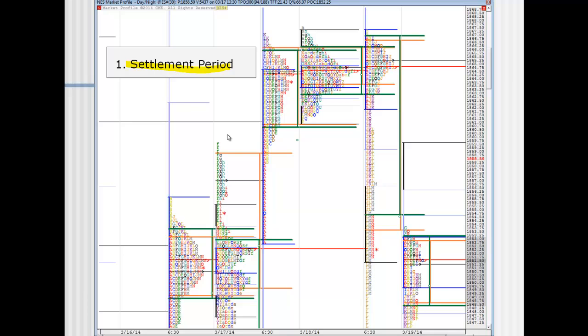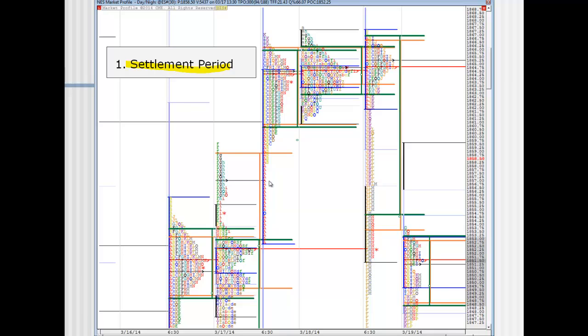For the ES Mini, that happens to be a 15-minute trading period. So it is unique in that way on the profile, in that all of the letters that we see on the profile represent 30-minute periods, with the exception of the settlement period. The settlement period is the only period on our profile chart that is a 15-minute segment.